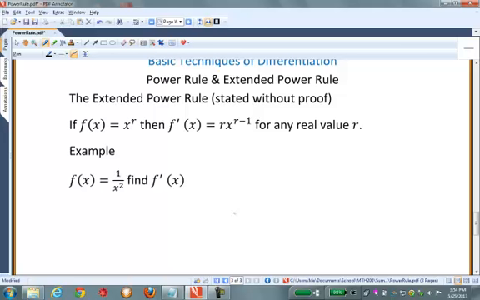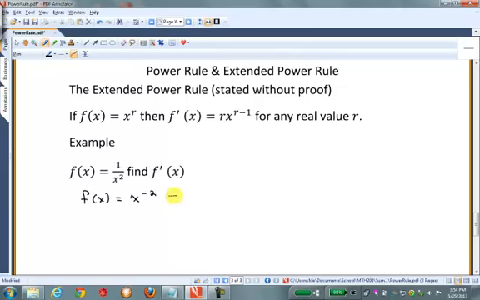So now if f of x is 1 over x squared, let's find f prime of x. Well, another way to write f of x is, of course, x to the negative second. Notice negative 2 is not one of those values, 1, 2, 3, 4, and so on.